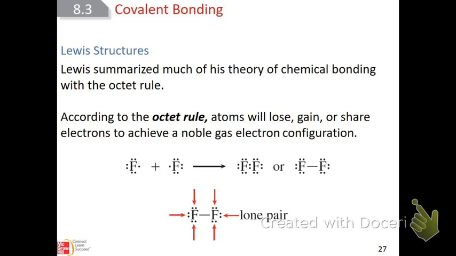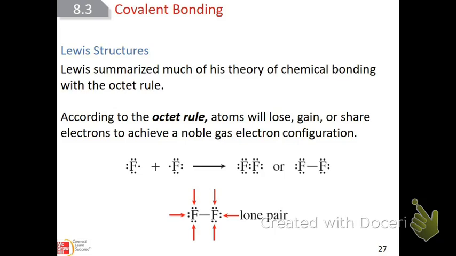So the duet rule applies to the first energy level, and the octet rule to every other. The octet rule says that atoms are going to gain or lose or share so that those atoms can achieve a noble gas configuration.